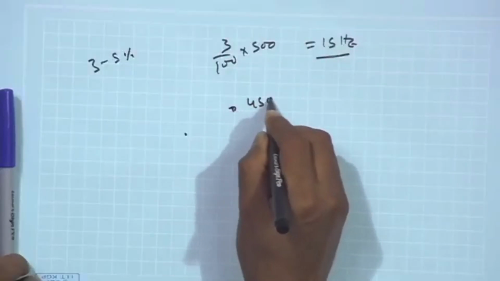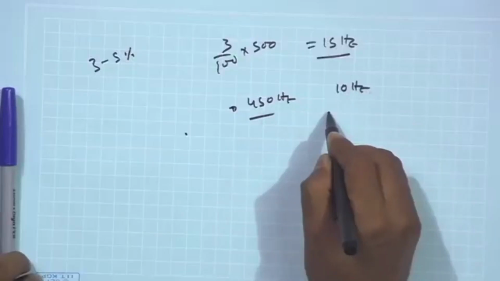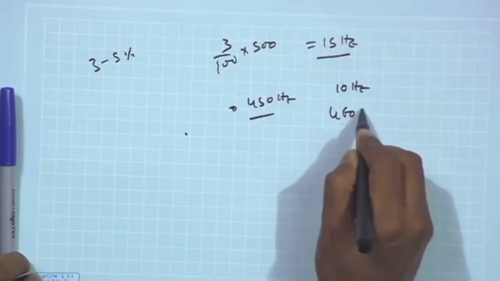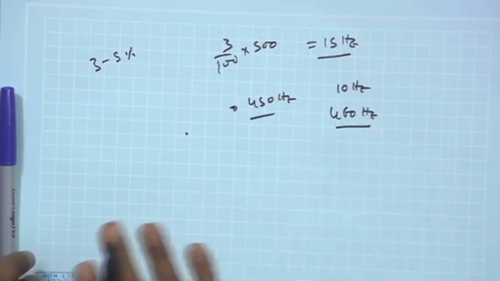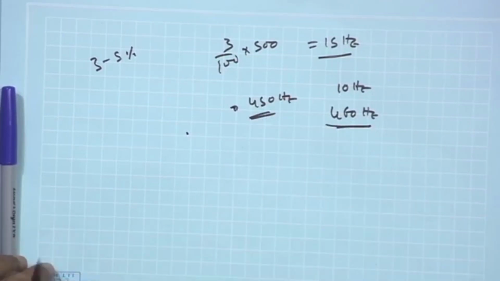So, suppose I extract a formant frequency of a particular vowel, let us say 450 hertz. If it differs by 10 hertz, and instead of 450 it is 460 hertz, then also human beings cannot distinguish the difference, because we do not have resolving power for this formant position.